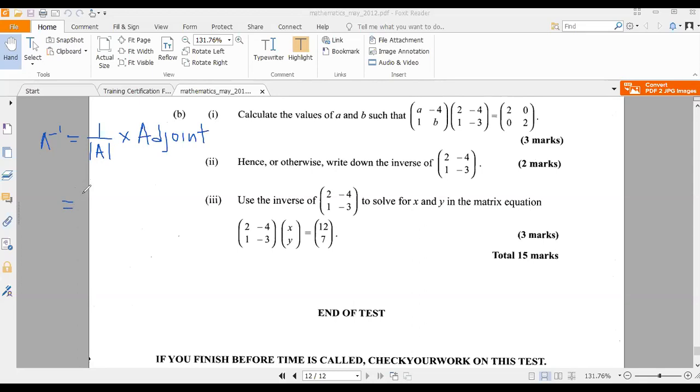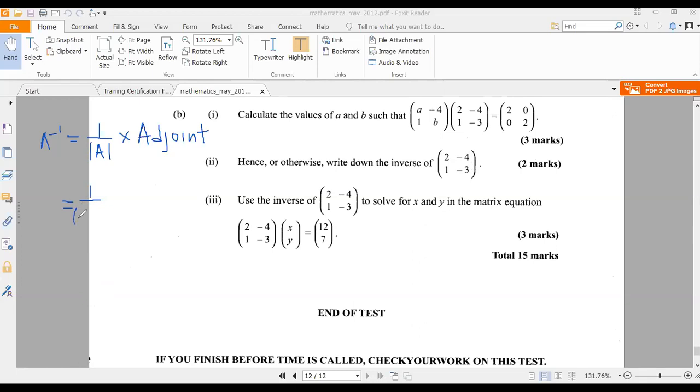Now, how do I find it? It will be 1 over the determinant. How do I find the determinant of this matrix here? Anybody remember what I do? It's the product of the leading diagonal minus the product of the other diagonal, just like what you see in layman's terms.